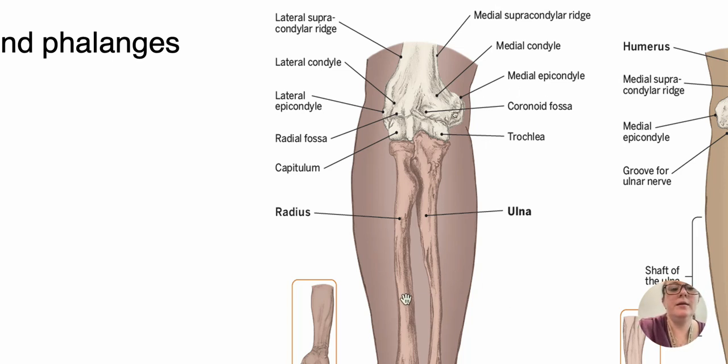So here you have that medial epicondyle, this lumpy section here, and then your lateral, like I showed on the other one. You have your epicondyle, and your condyle. Your condyle is going to be kind of above it. But for us, make sure you know where the lateral and the medial epicondyle are.